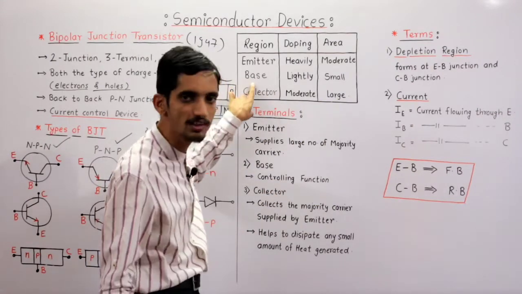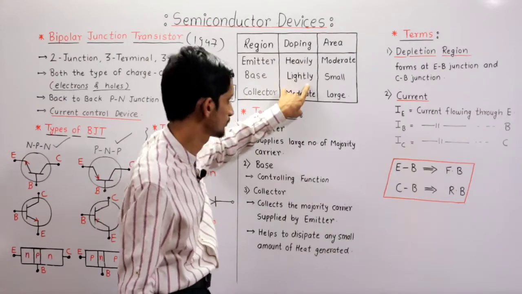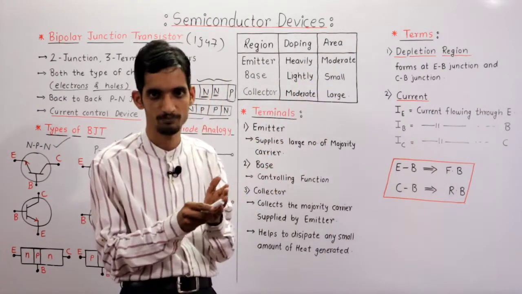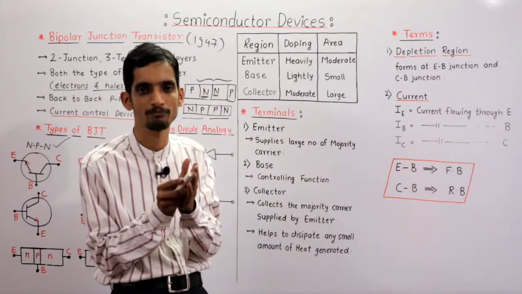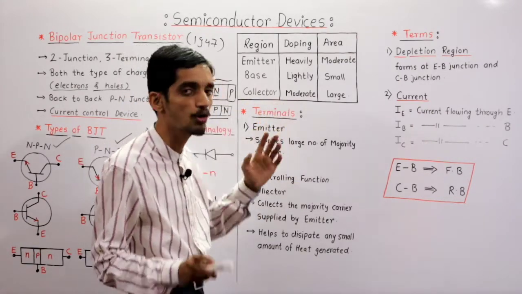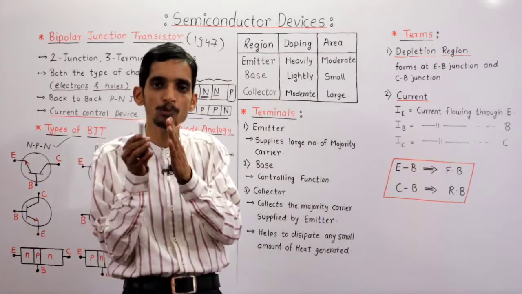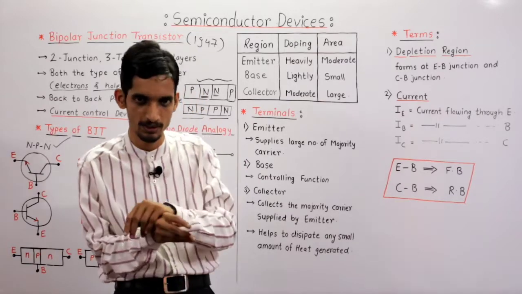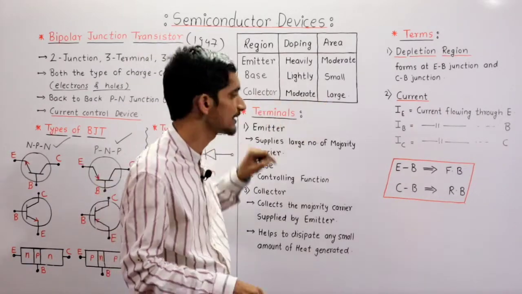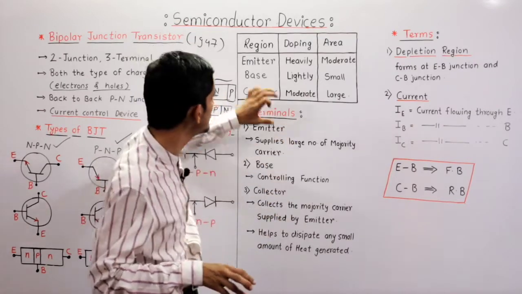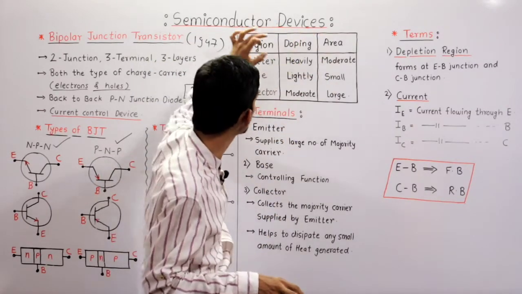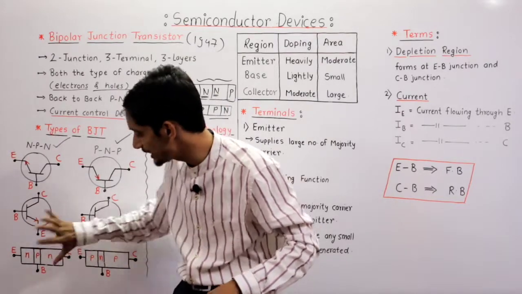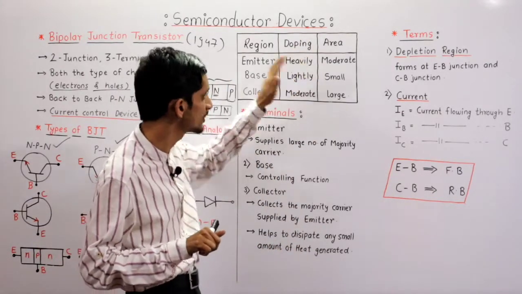The base region of the transistor is lightly doped and its area is small. That's why the base is thin. And the collector region is moderately doped, meaning in terms of doping it is between emitter and base, and the area of the collector is very, very large. So you remember the doping and area of each region of the BJT, shown on the board in the diagram as well as in tabular format.